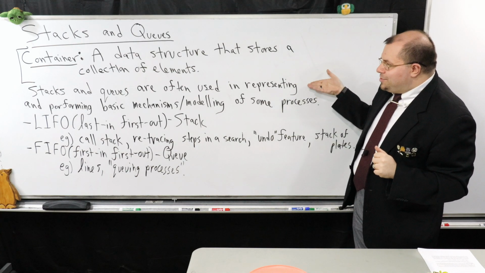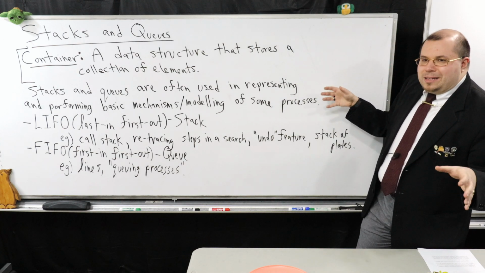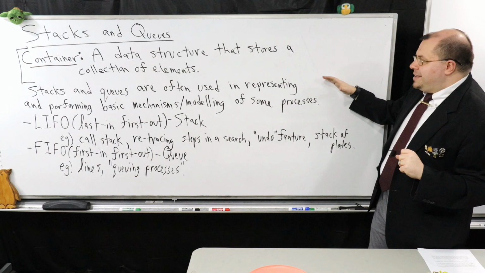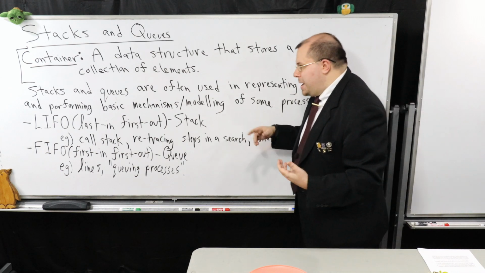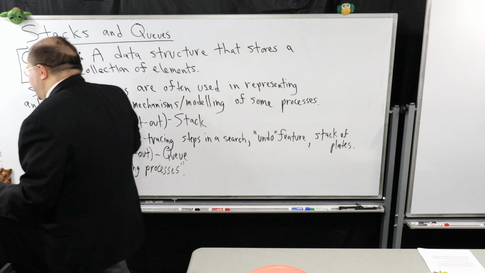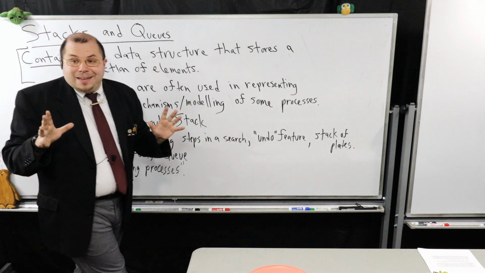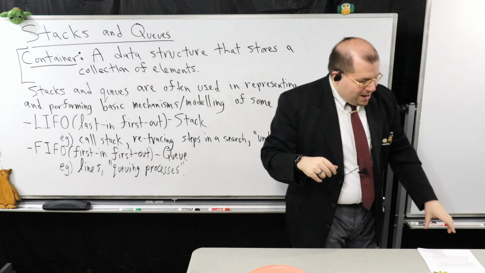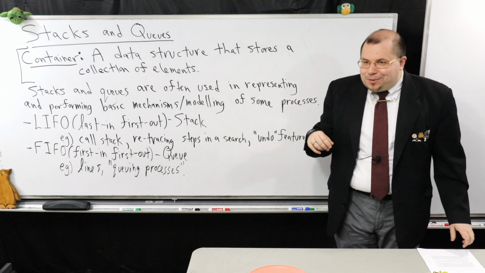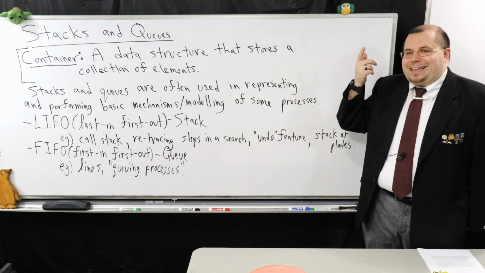We'll see a lot of different kinds of containers in this class. The reason I want to lump stacks and queues together is that they're used for representing and performing basic mechanisms or modeling for certain processes. You might say, Dan, that sounds really vague. And it is quite vague, because there are a lot of processes that operate like these things.